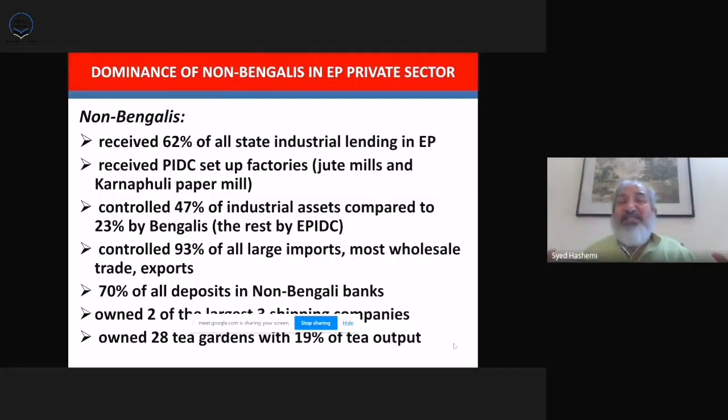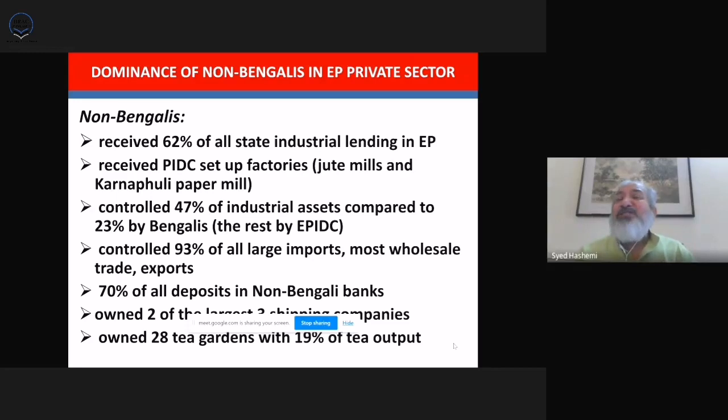Now that was the East-West thing, but even in East Pakistan, it was the non-Bengalis rather than Bengalis that were dominating the economy. So even when you see that East Pakistan produced so much or earned so much money, it wasn't Bengalis that were receiving it. To a great extent, it was non-Bengalis.